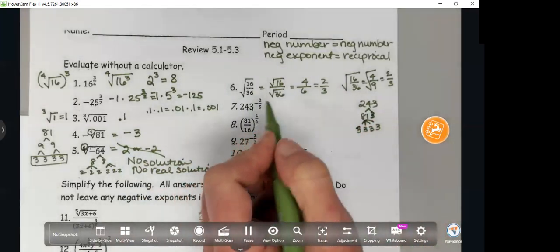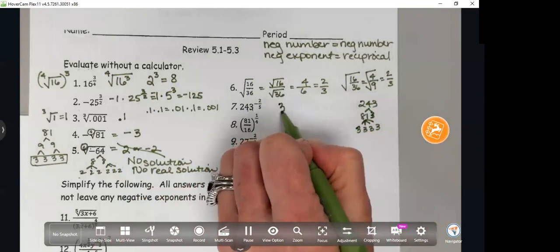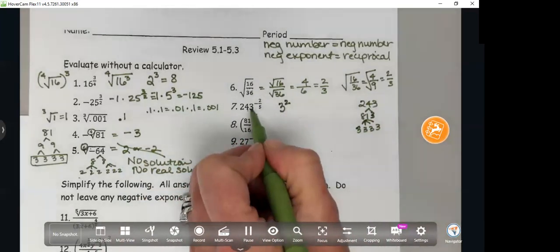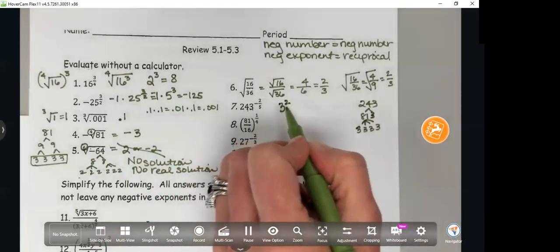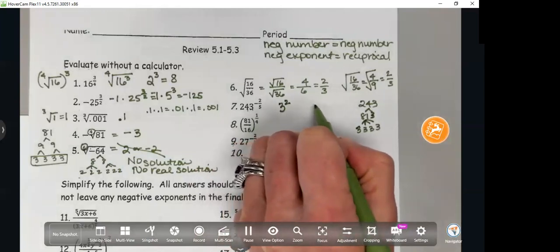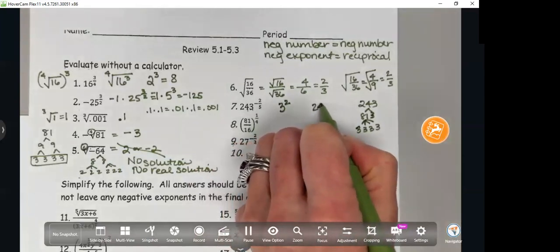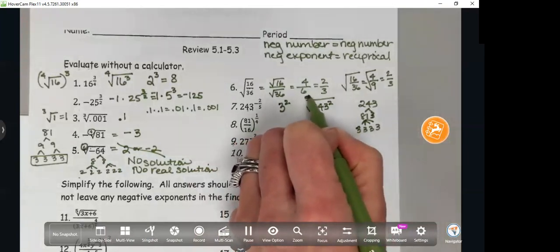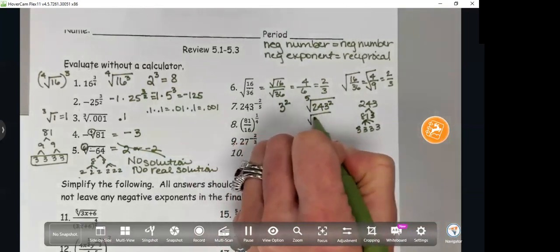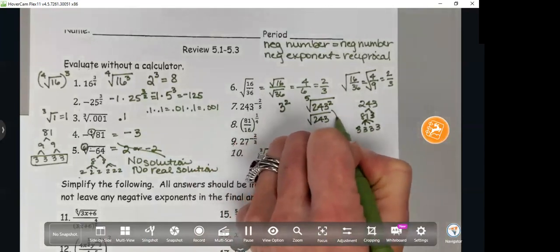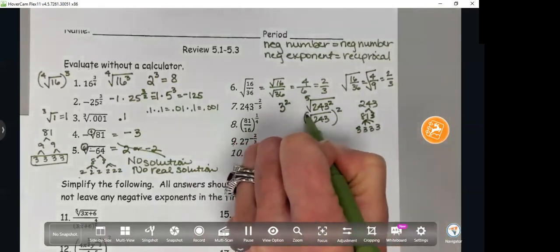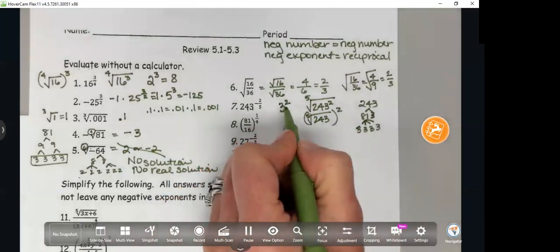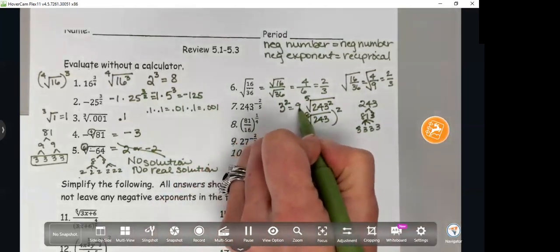So that's going to be 3 squared, right? Because the 5th root, remember, we can write that as 243 squared with the 5th root. So that's going to be 3 squared, which is 9.